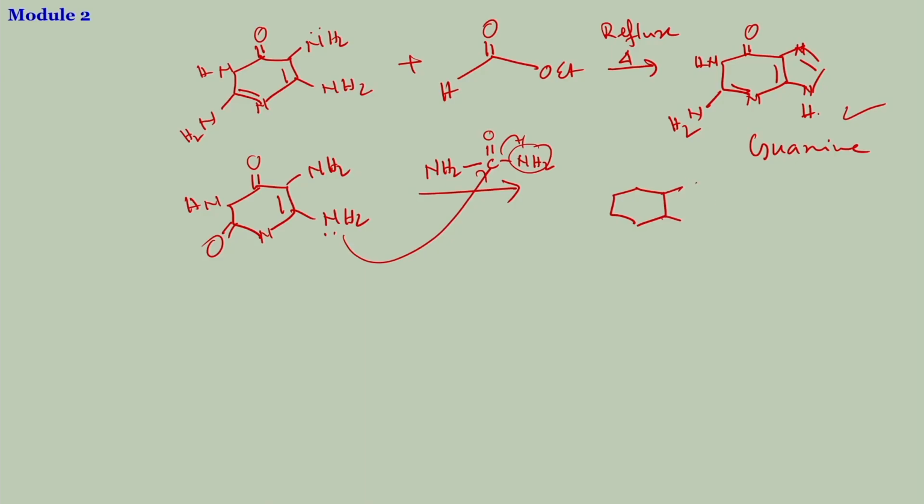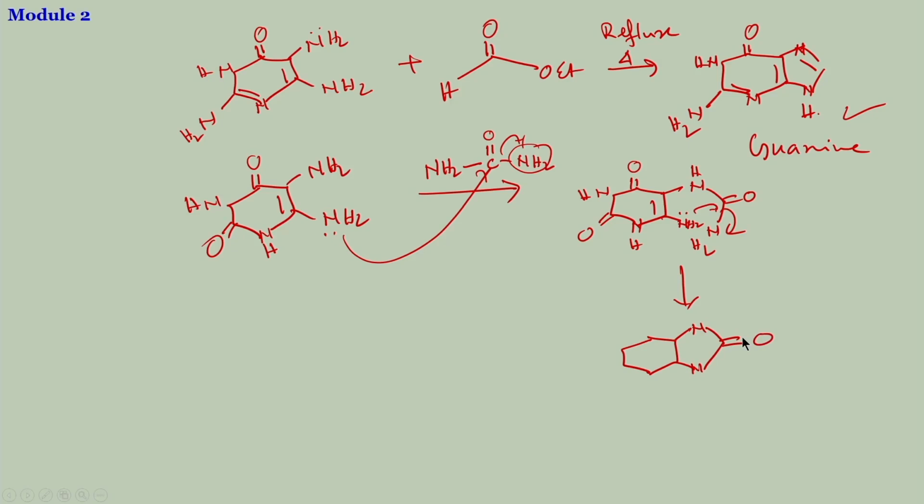What we will have is NHCO, NH2 and NH2 here. NH, there should be NH here, this, and then a second displacement of the amine group will give you a double bond over here.